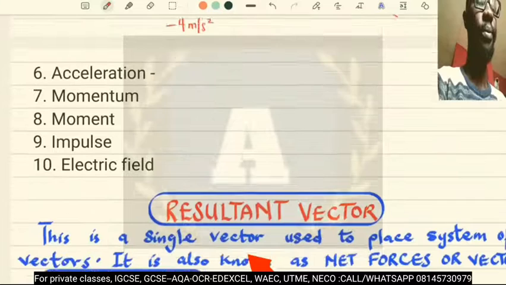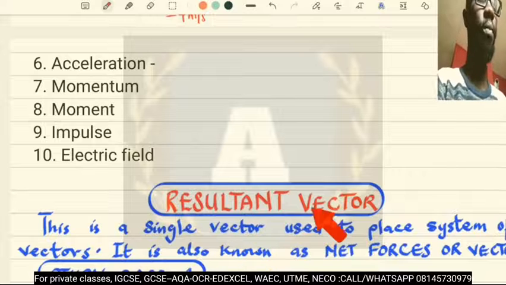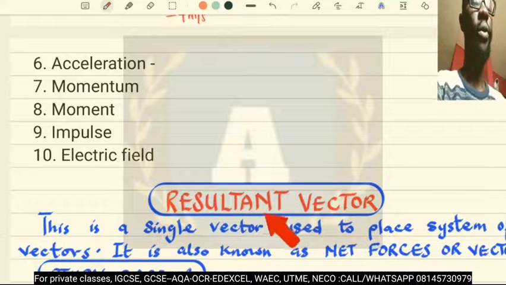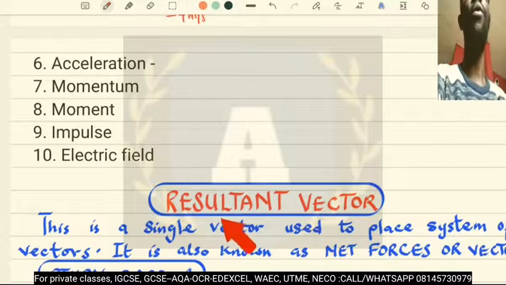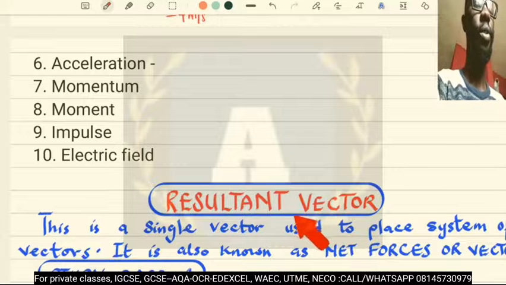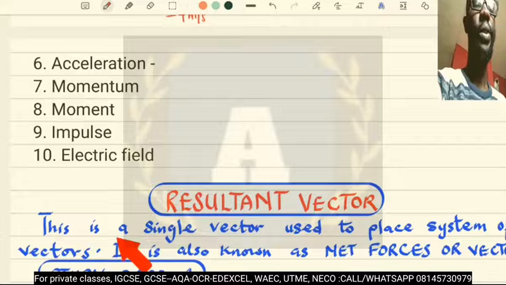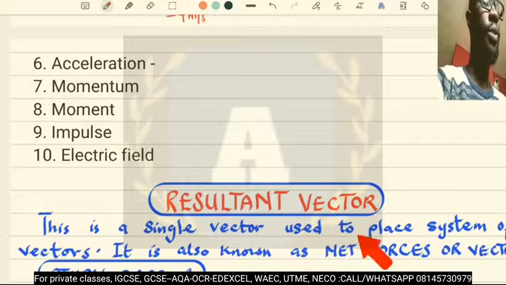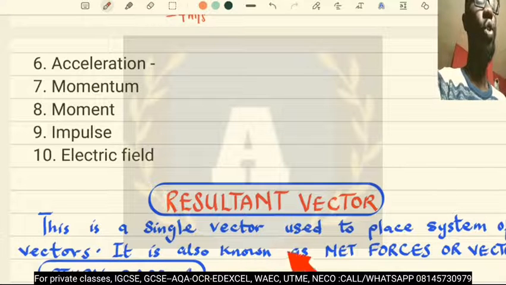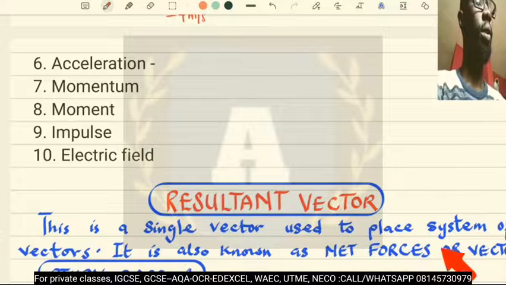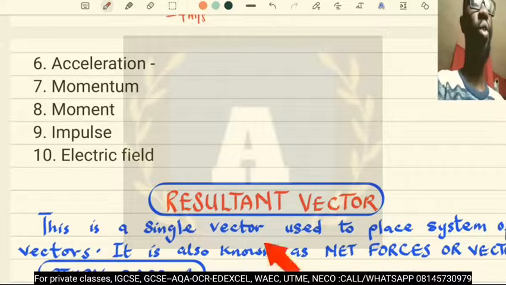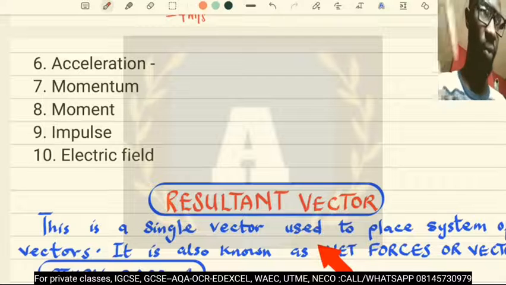Next is resultant vector. What is resultant vector? From the verb result, we have resultant vector. This is a single vector that is used to replace systems of vectors. It is also known as net force or net vector, that is, the total accumulation of different vectors.